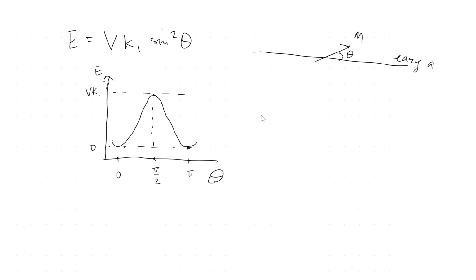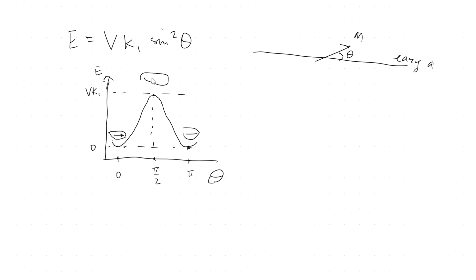So if you look at the alignment of this magnetic moment, that would mean that here you would have your material with magnetization pointing along the axis.